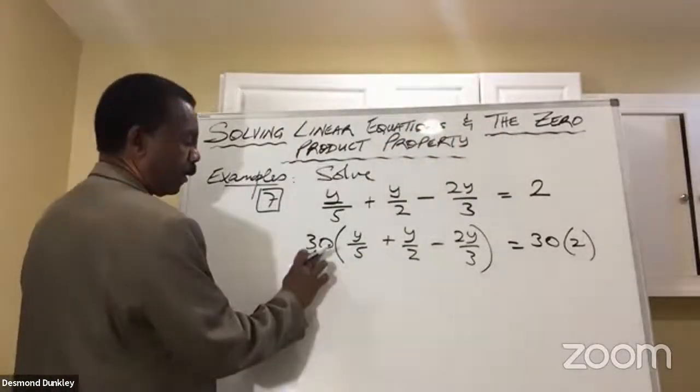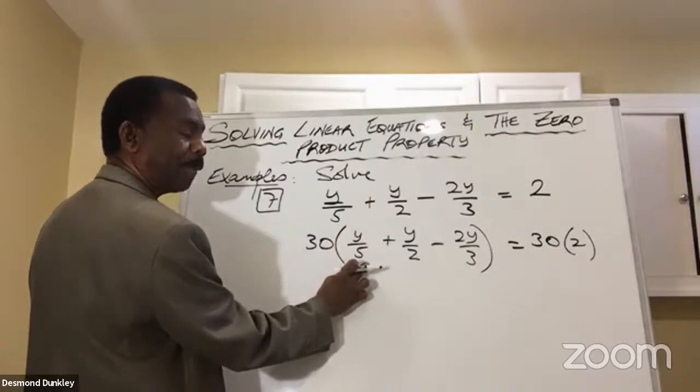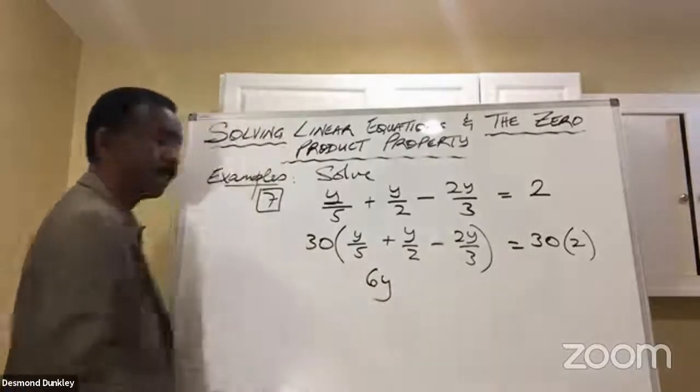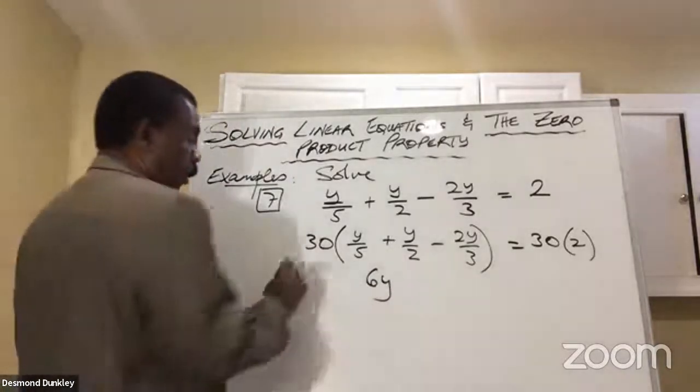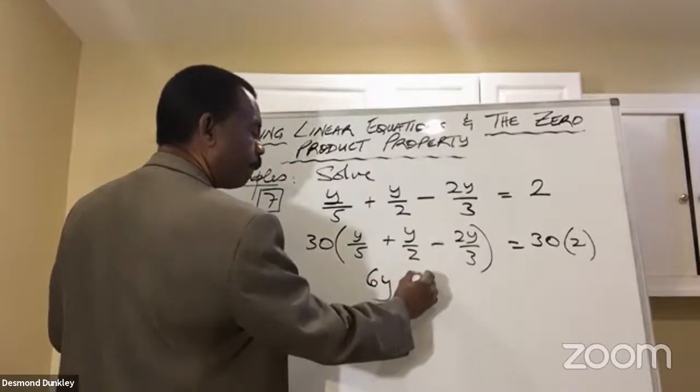Look what happens. 30 times y over 5 is 30y over 5. 30 divided by 5 is 6y. 30 times y is 30y divided by 2, 15y.